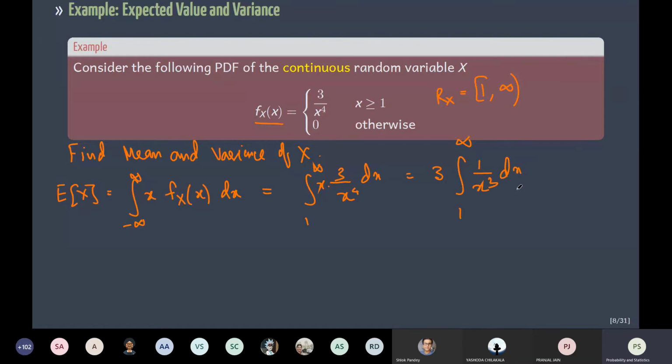Okay, and this will come out to be minus 3 by 2 x to the minus 2, right? And then 1 to infinity, and this will be 3 by 2.